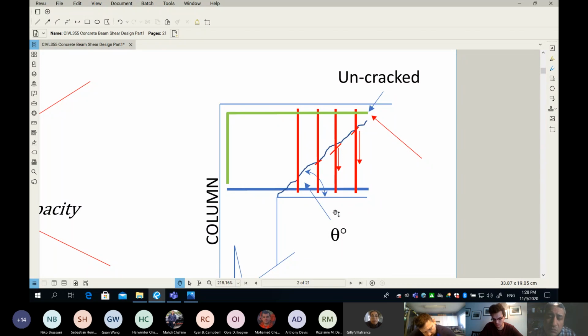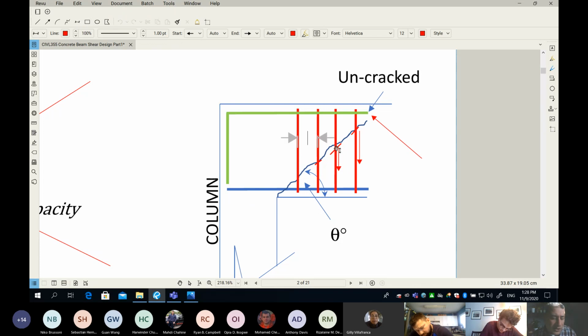How many is very simple. It's based on the geometry. Look at the crack and try to understand how many stirrups can go through the crack. If I call the distance between the stirrups S, which is the spacing, and I know the dimension from here to there, let's call it X, I can simply tell how many stirrups go through the crack.